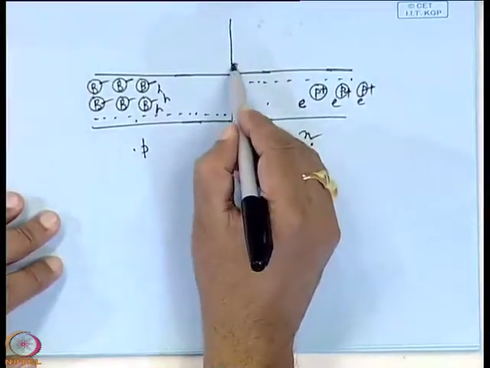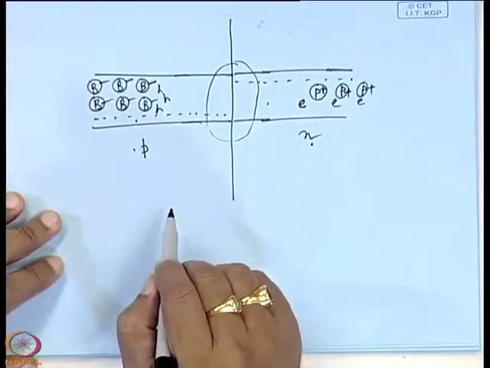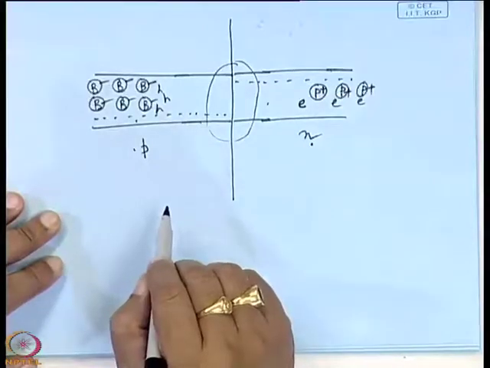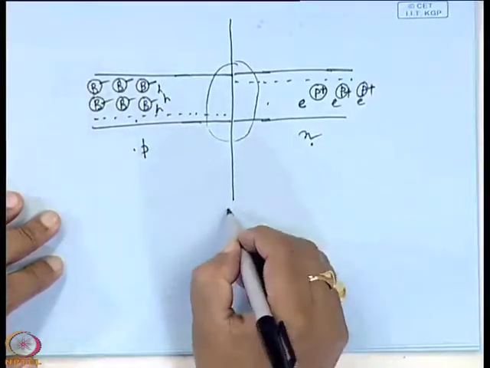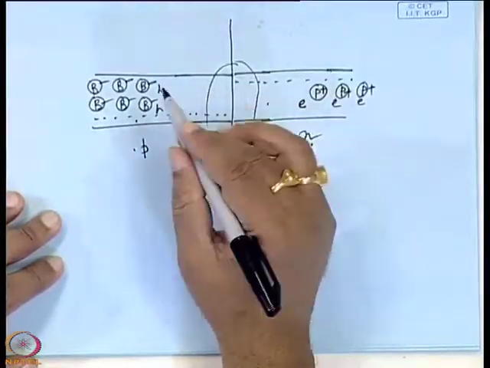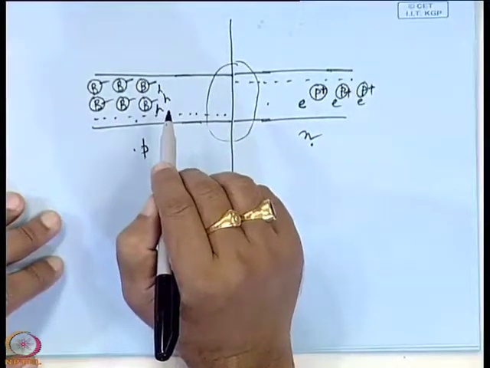And very near to this metallurgical junction, they will recombine. So, in the region close to the metallurgical junction, there will be depletion of charge carriers.